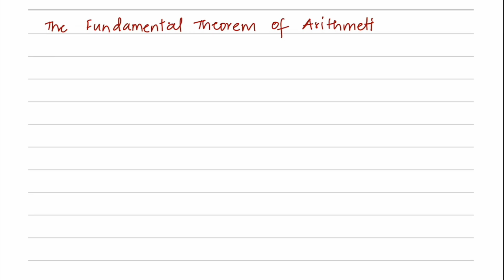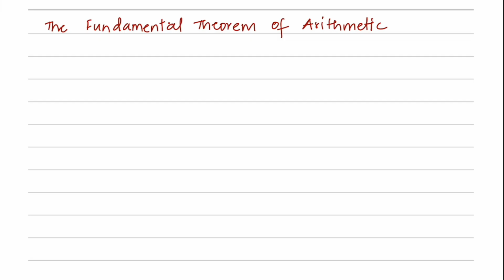Now we're going to learn something known as the fundamental theorem of arithmetic. I'll quickly write down the statement of this theorem and then I'll explain what this theorem means.